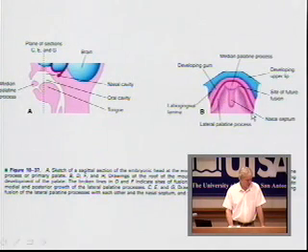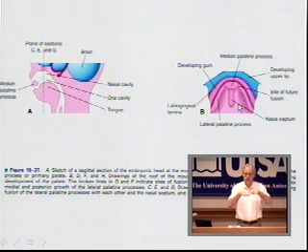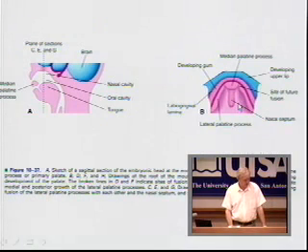So we're obviously going to follow these structures as they continue to move toward a common point at the raphe, the palatine process raphe, that midline junction, the nasal septum up above.